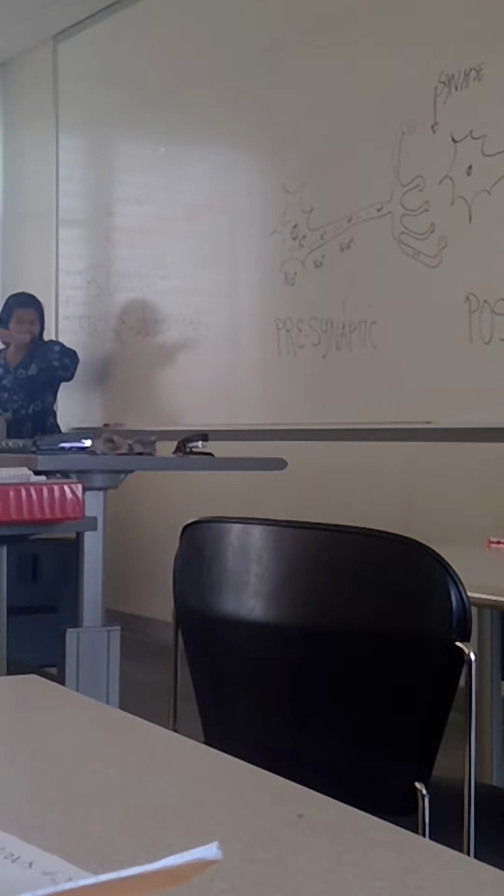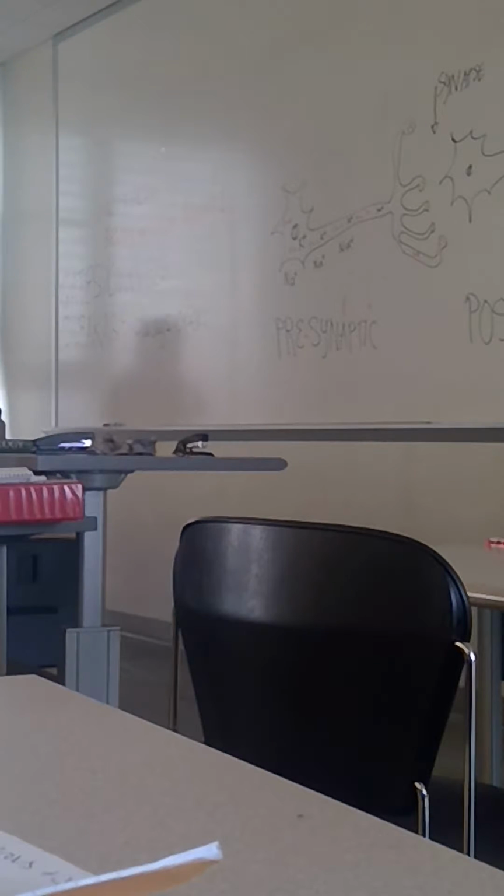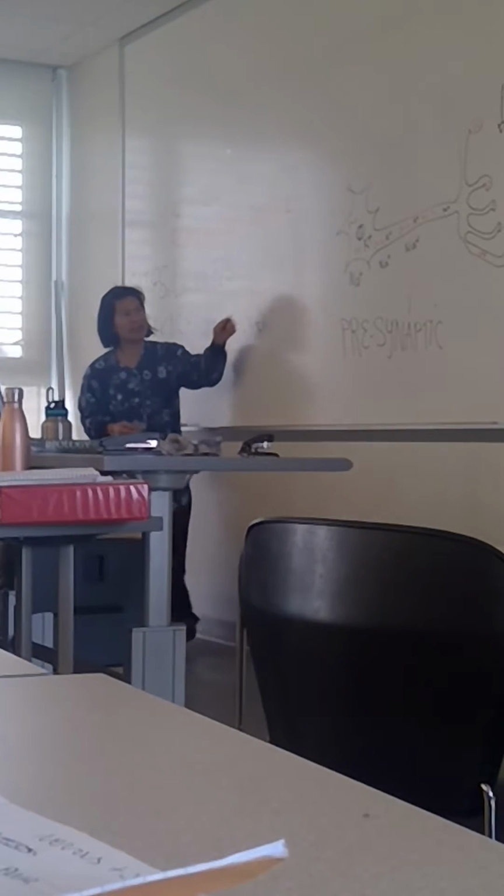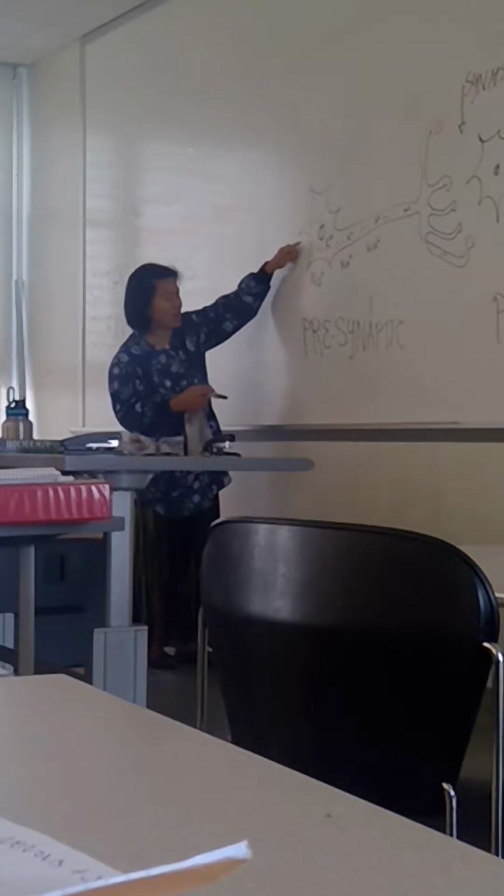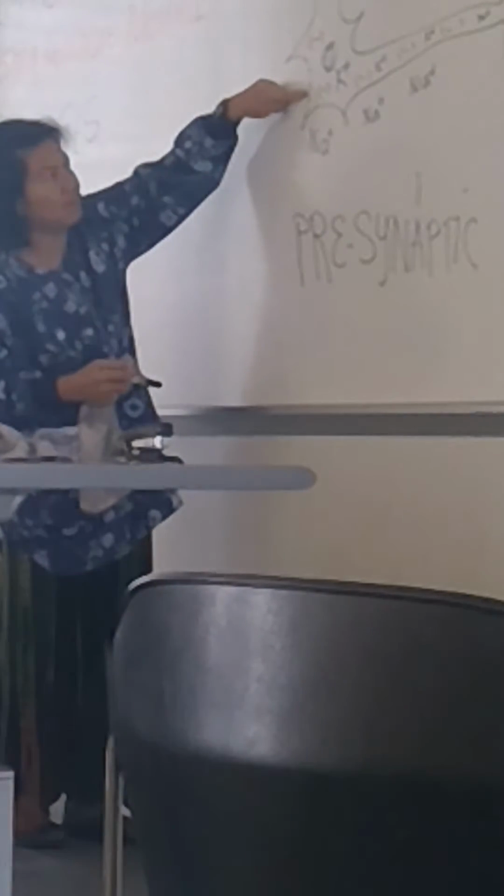Every gate we talk about for now will be specific to sodium and potassium. They pass through gates, not just anywhere. Maybe this one is a gate for sodium and this one is for potassium. They have their own specific gates.